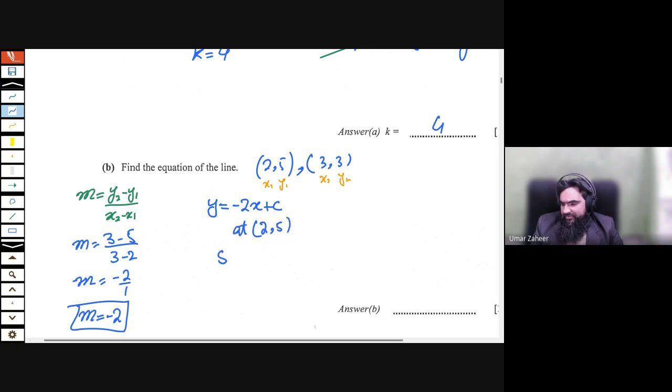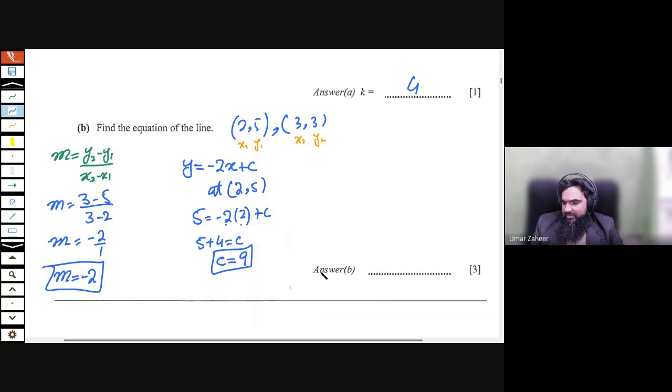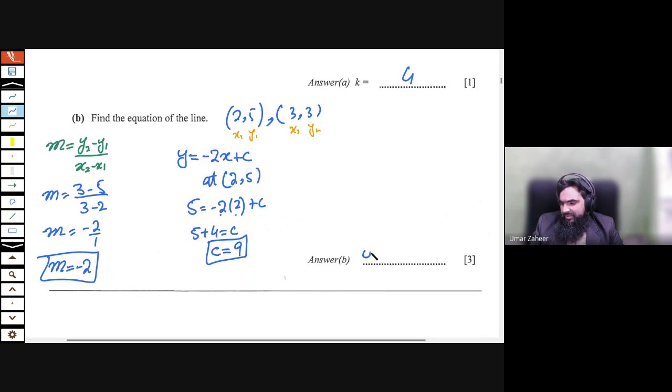The y value is 5, minus 2 times the x value 2, plus c. 2 multiplied by 2 is 4, so minus 4. On the other side will be plus 4. So we'll get that c is equal to 9. So we'll get the equation of the line: y is equal to minus 2x plus 9.